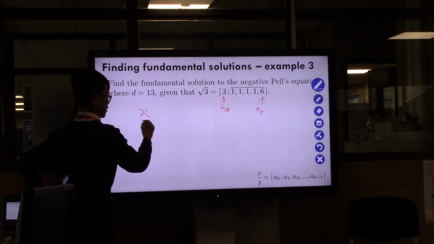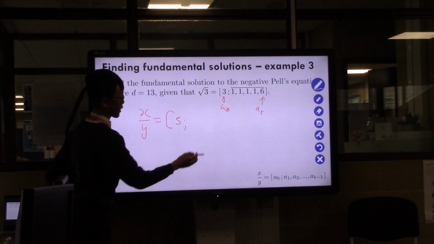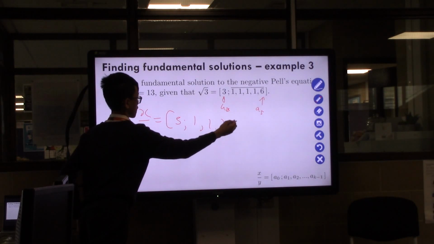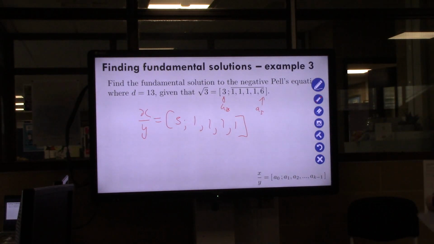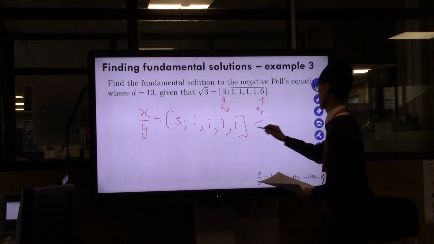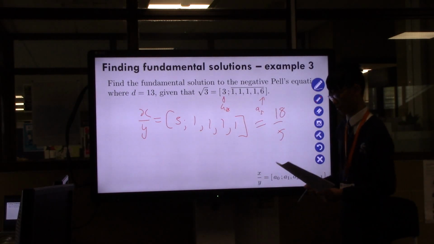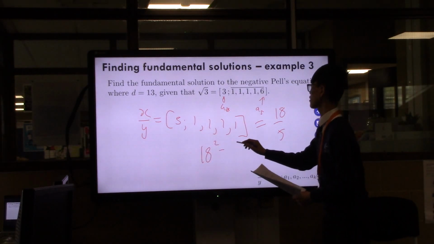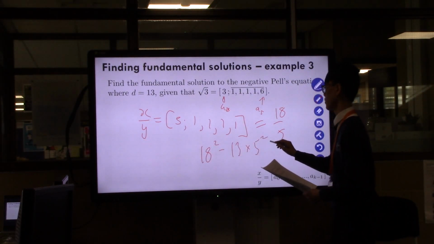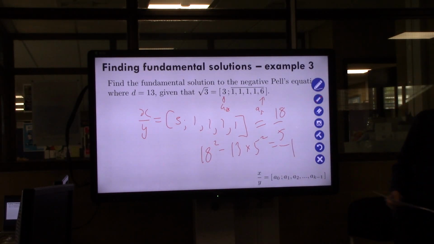So x over y is equal to a0, a1, a2, a3, a4, and that is equal to 18 over 5. Checking that in our negative Pell's equation will give minus 1: 18 squared minus 13 times 5 squared is equal to minus 1.